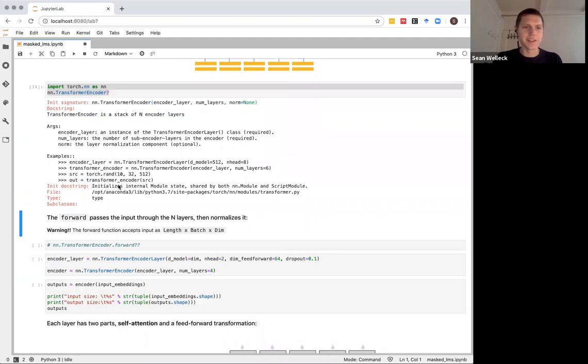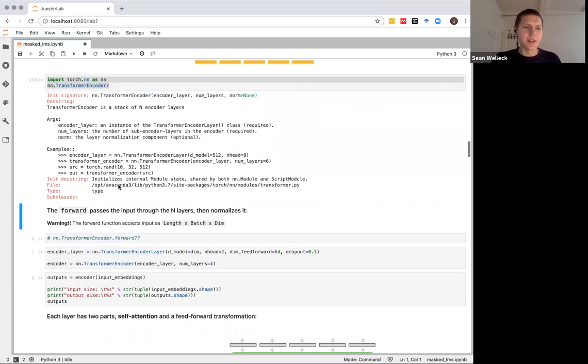And so now the next step is to look at the forward pass. Oh, I see why this is printed out. This is showing that you could initialize one of these transformer encoder layers, and how it's used. So now we'll do that below.